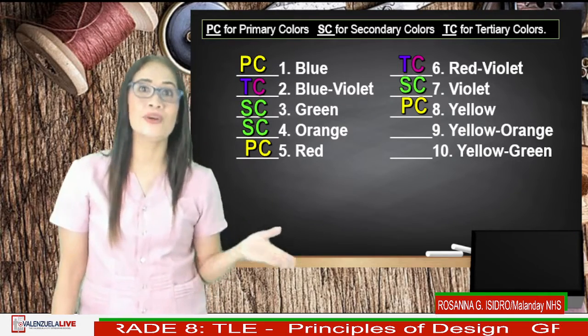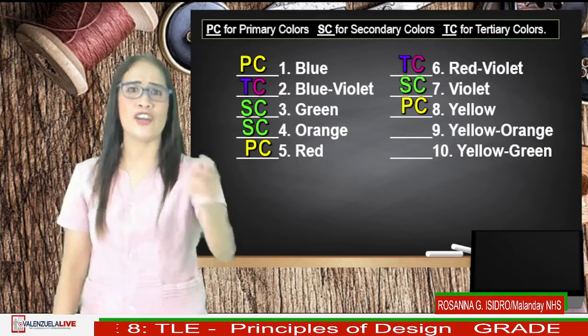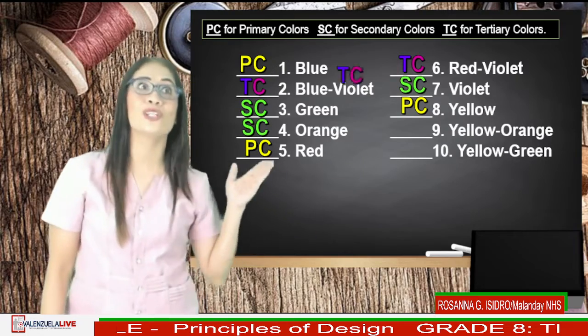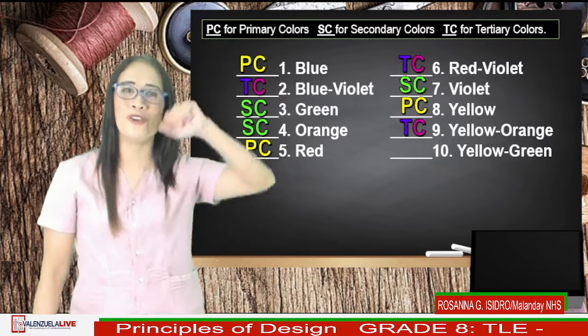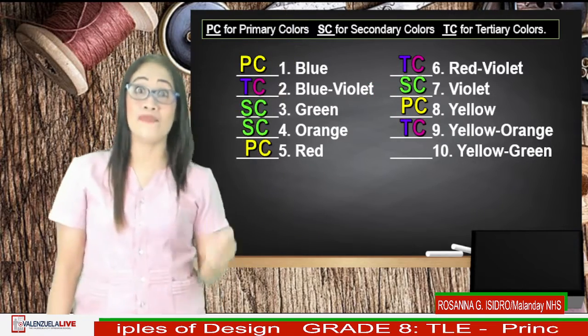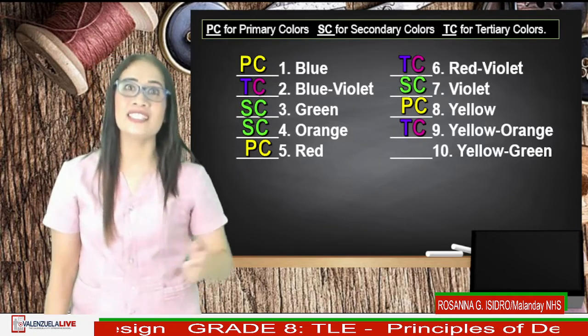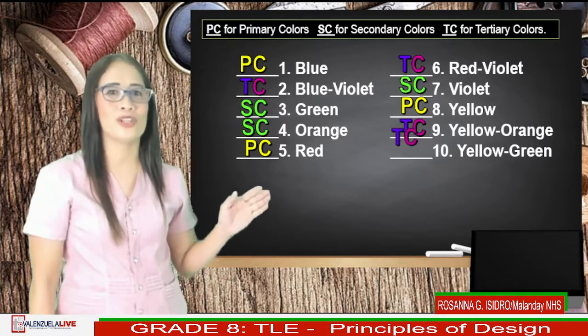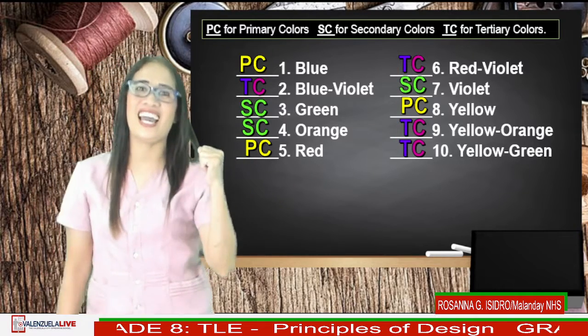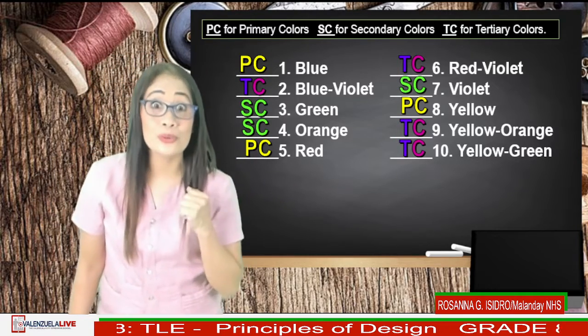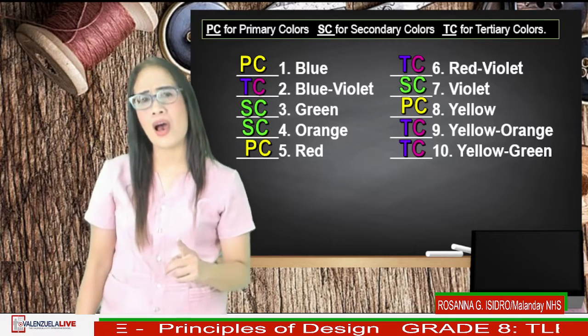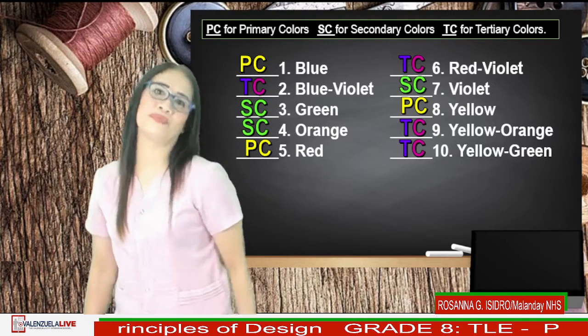Number 9 will have yellow-orange. If your answer is TC or tertiary color, you're right. We'll have number 10, yellow-green. If your answer is TC or tertiary color, excellent! Did you get it right? Let's just have another one.